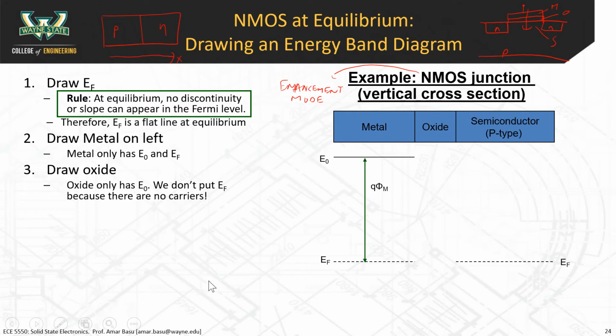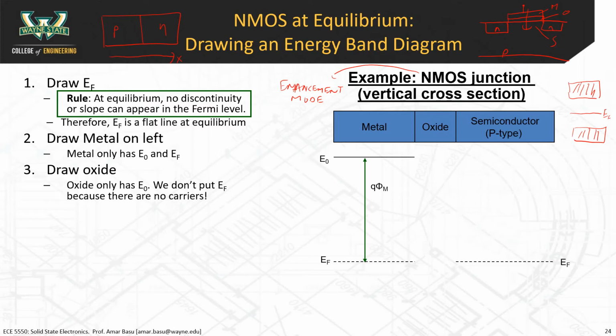If you remember what the band diagram for an insulator looks like, you might have a band up here and then maybe a band down here, with a large gap between them, and the Fermi level might be somewhere in that gap. The gap is very large. As a result, there are no carriers in an insulating material.